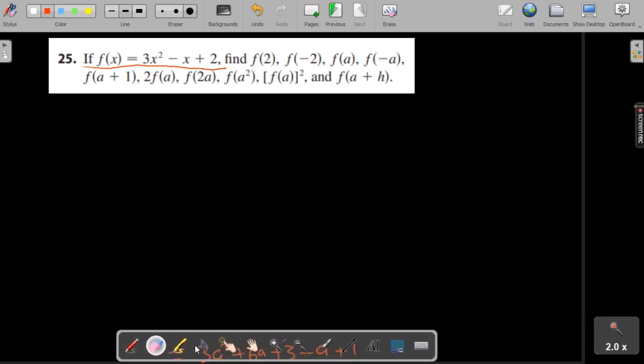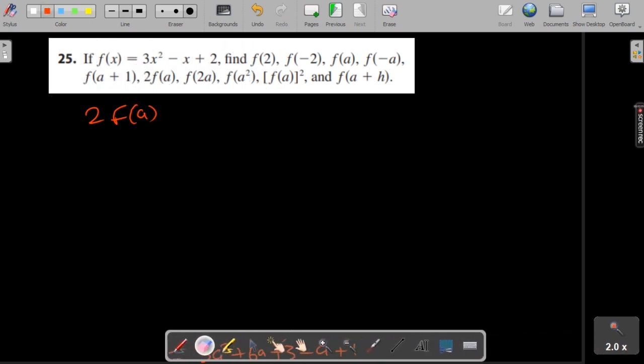So the next one is 2f of a. In this case, where you have a number outside, it's just going to multiply everything. So remember that your f of x is y, or it's the whole function, or the output of the function. And if you're going to multiply 2 with the function, it multiplies the whole function. But also, we have this substitution here of a.